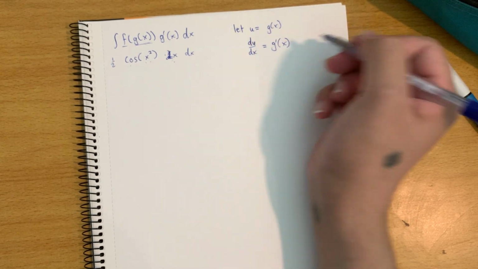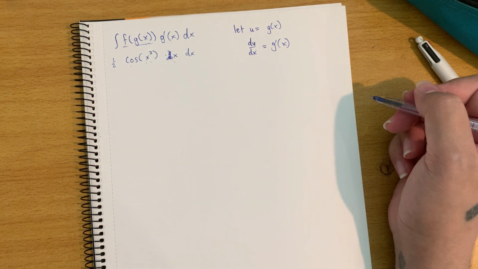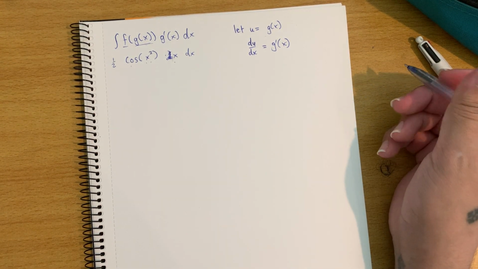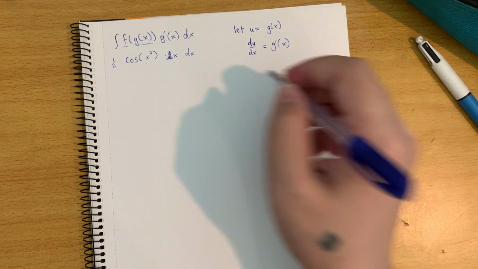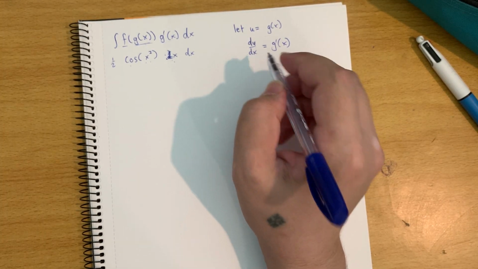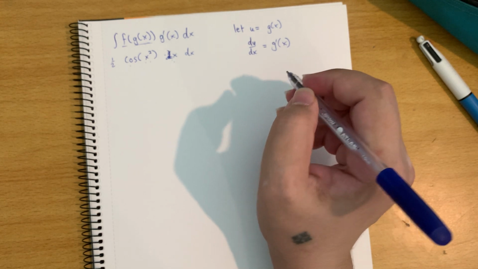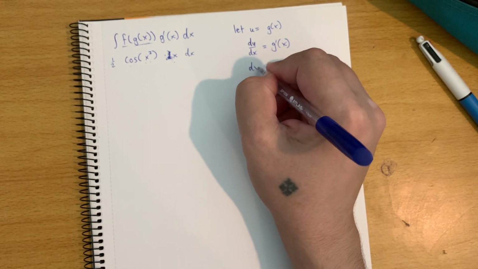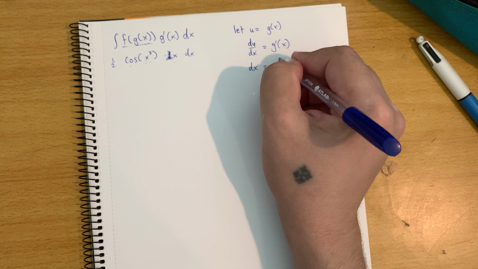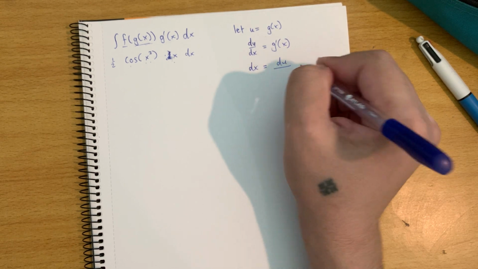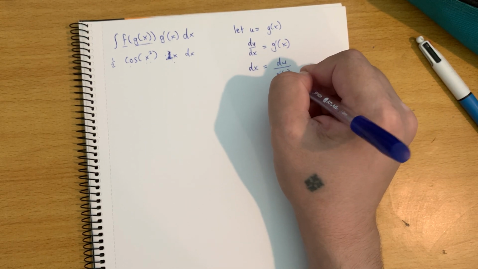The derivative of g is just g prime. It's just a general function. And if I isolate for dx, I'm going to have dx equal du over g prime of x.